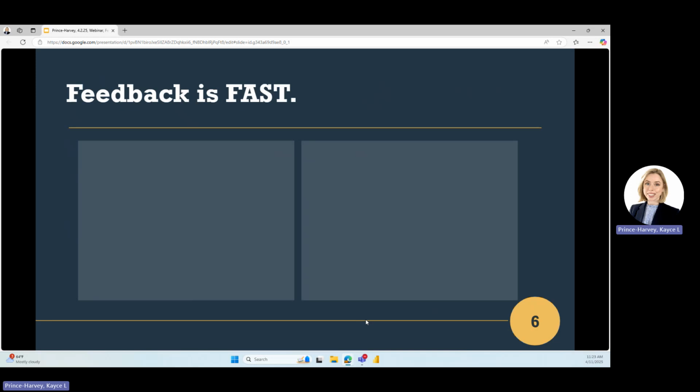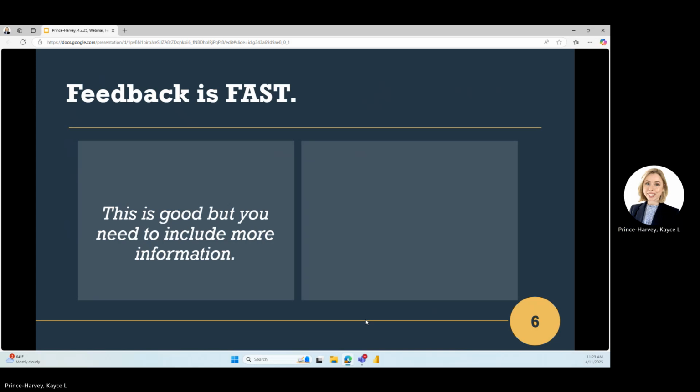So I want us to look at some examples of feedback, starting with the feedback on the left. This may be an example of feedback that you have commonly seen, or in some cases even given for student work. And on its own, it isn't necessarily bad.